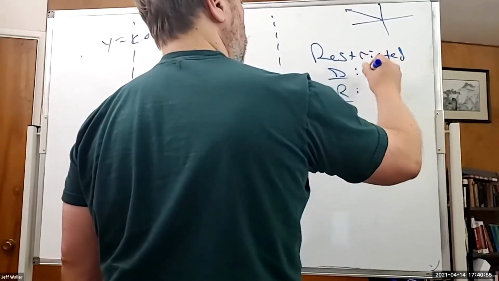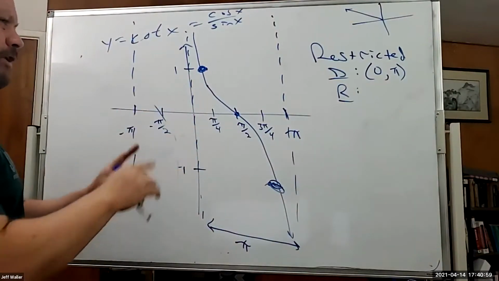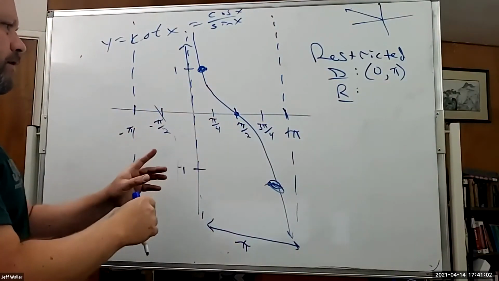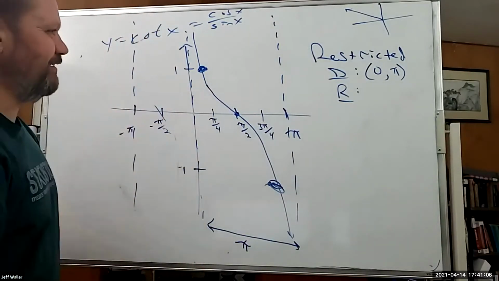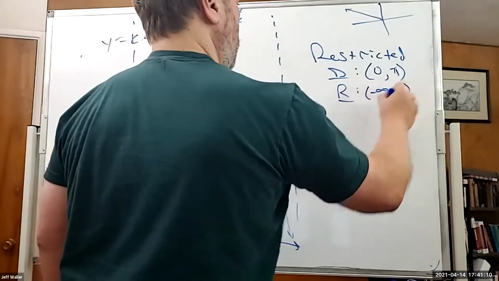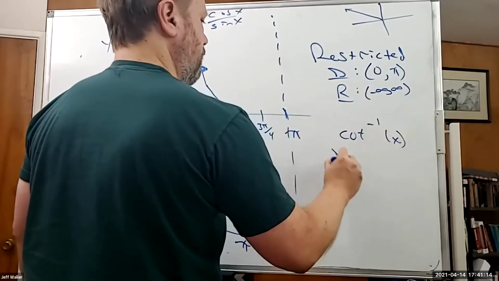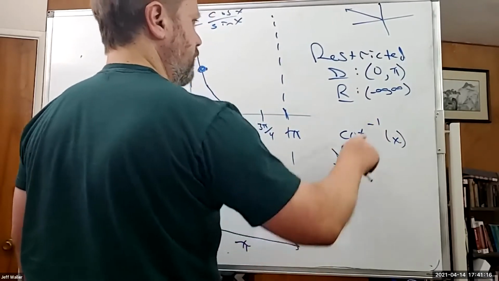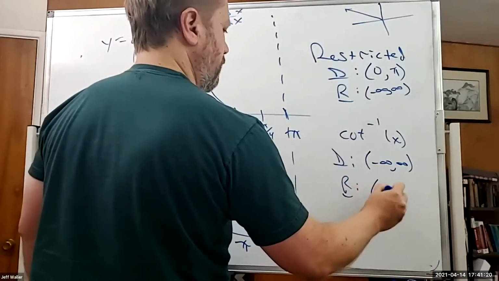Thank you. What's the range? -∞ to infinity. Yeah. Okay. So for inverse cotangent, that just flips. The domain will be -∞ to infinity, and the range is going to be 0 to pi.